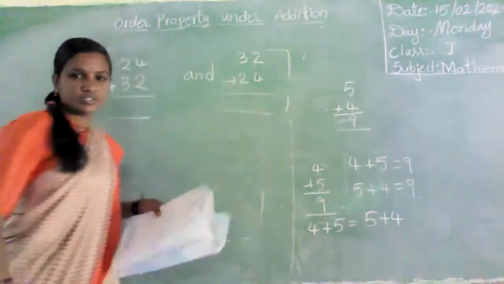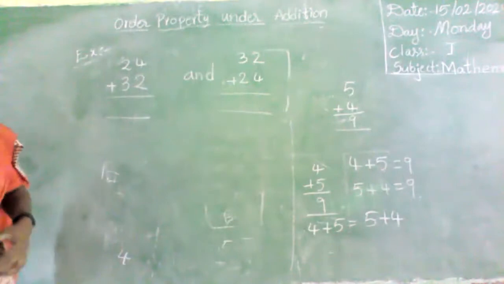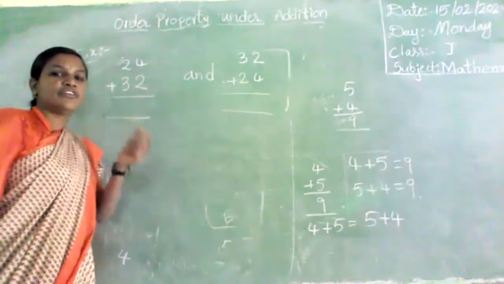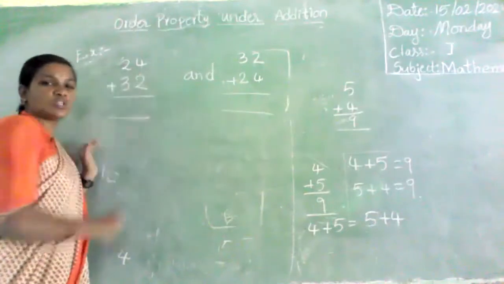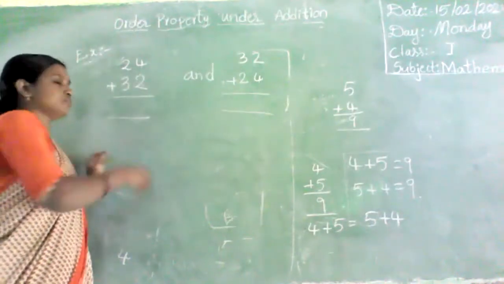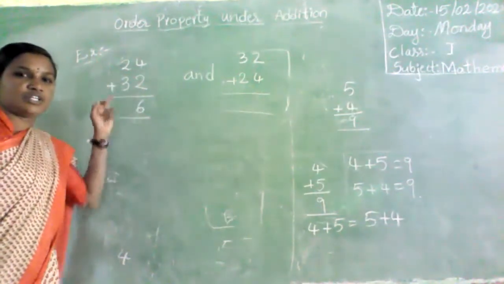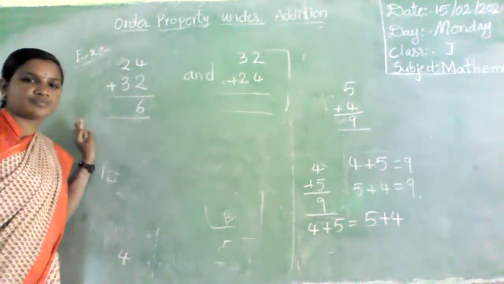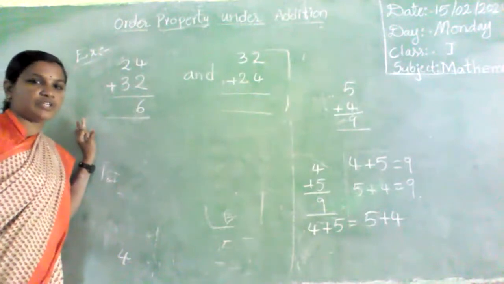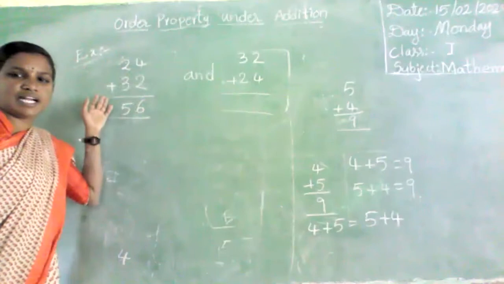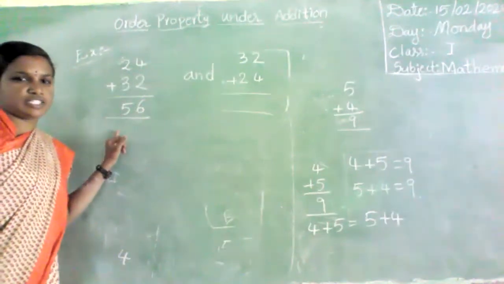Let us see 24 plus 32. First we add ones. 4 plus 2, 6. Next, tens: 2 plus 3, 5. So 24 plus 32 is equal to 56.